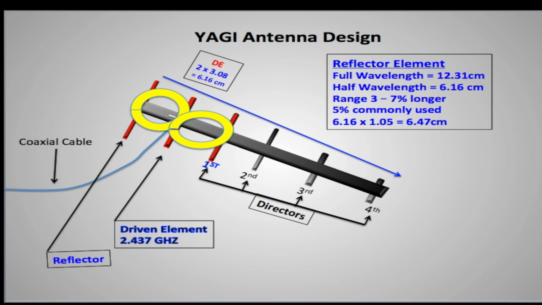This is normal for a dipole antenna, which is used in the Yagi as the driven element. However, when designing a Yagi antenna, you want your radiation to go in the forward direction only, towards the directors, not backward. So this is where the reflector comes in.